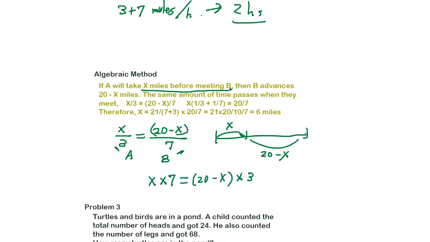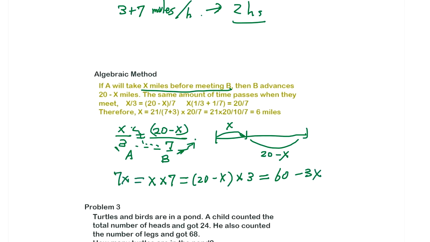I move the 3 to this side. I move the 7 to this side. Okay? So if you don't get this part, you have to go back and practice how to solve algebra equations. Now, this one is going to be 60 minus 3x. And this is going to be 7x.